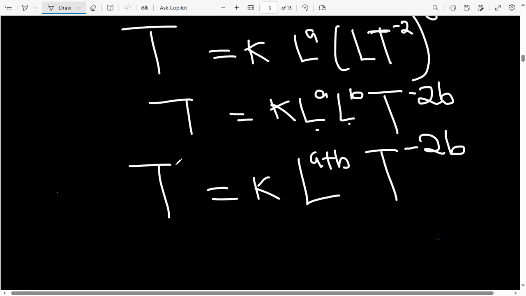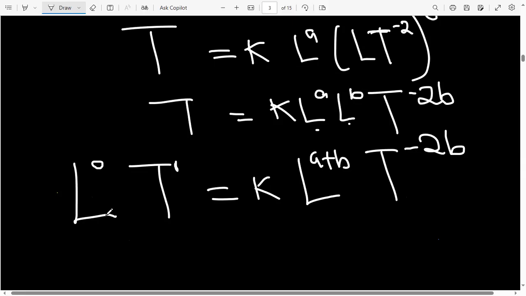It means this T is just to the power 1. And if I add an L here, it means this L should be to the power 0, because remember, any number raised to the power 0 is 1. So this L to the power 0 is the same as 1.